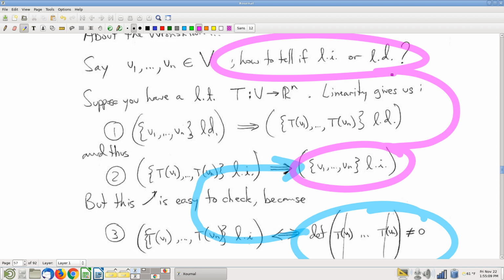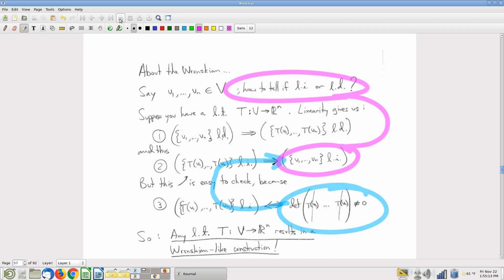Now I'm going to call this a Wronskian-like construction. Let me circle this. It's Wronskian-like in the following sense. When we think back to chapter 2, when we first defined the Wronskian, if it's not zero, we get to conclude independent.